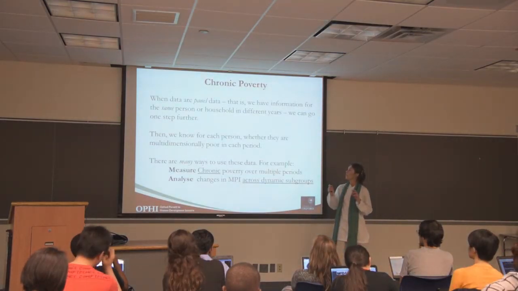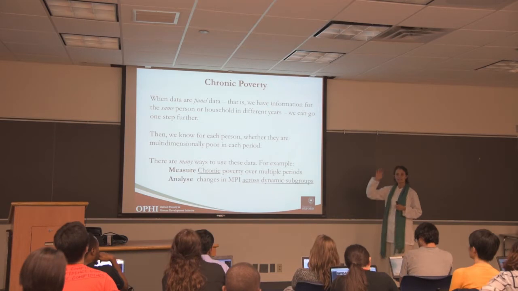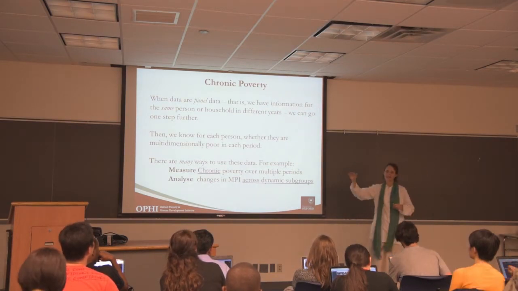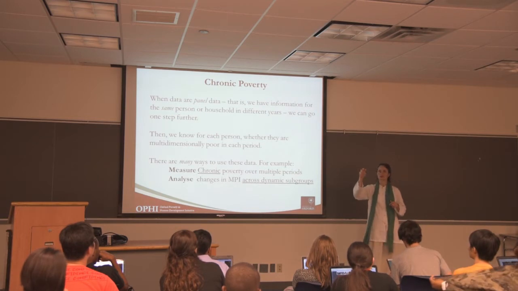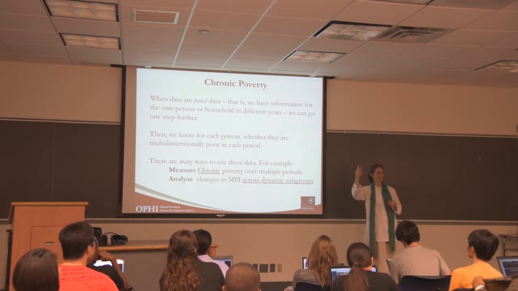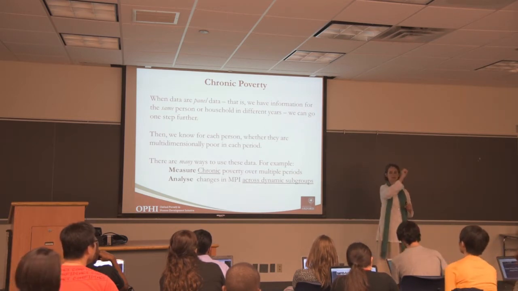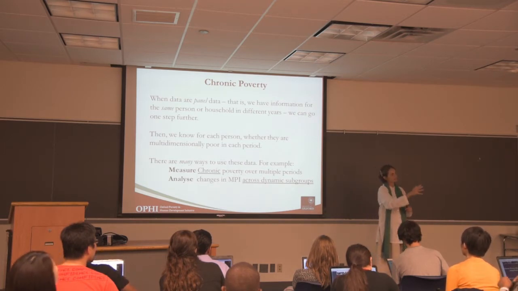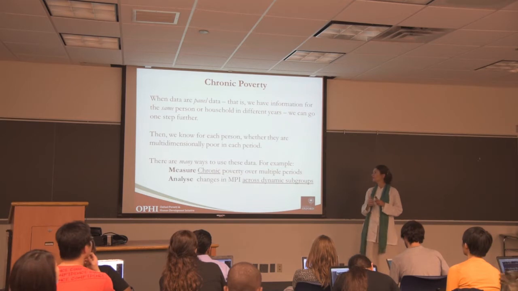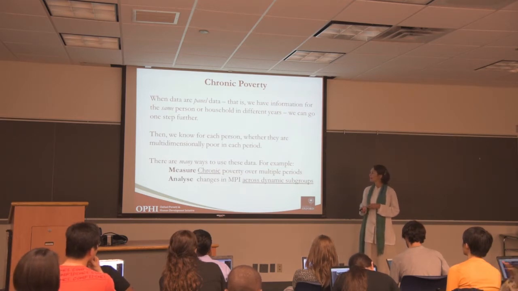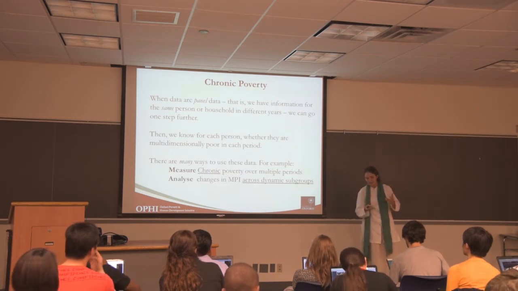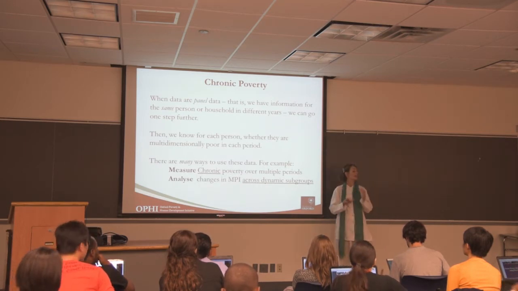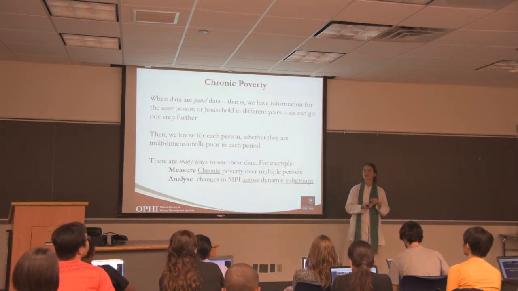So when the data are panel data, then clearly we know the identity of each person across time. And so we know if the same person is poor in time period 1, in time period 2, in time period 3. We will know their deprivation profiles in each of the time periods and how those have changed. And so these data sets sound beautiful. Now there are always problems of sample degradation across time.